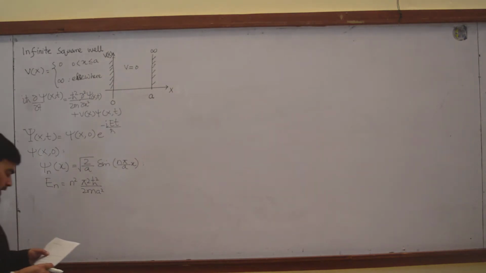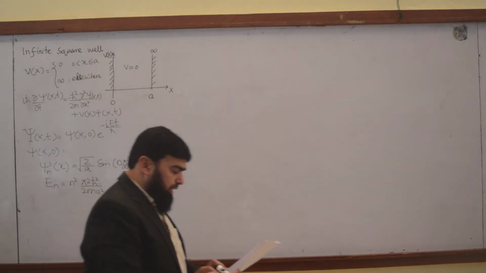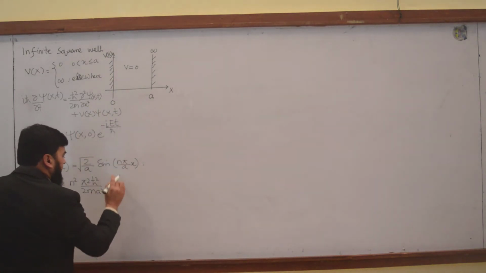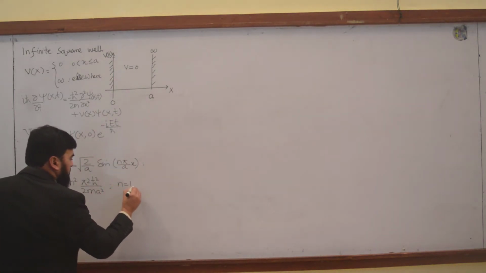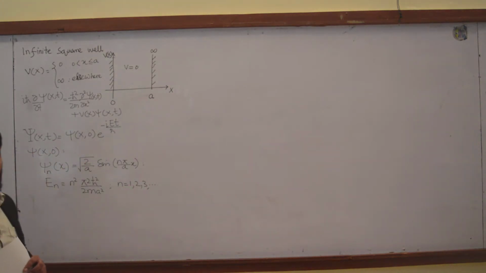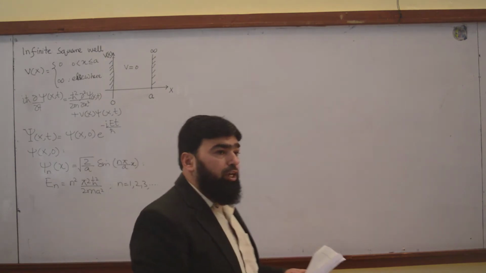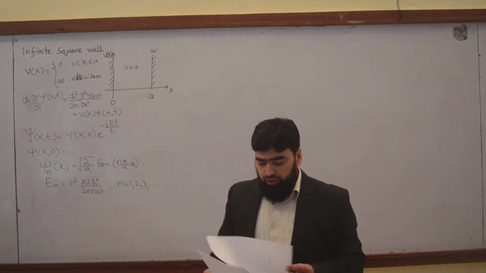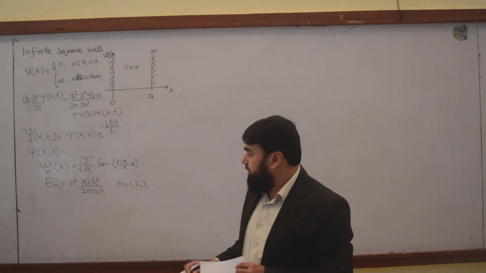The energy came out to be an integral multiple of this, where n is equal to 1, 2, 3, and so on. You remember that we didn't include n equal to 0 for reasons which were against our geometry.